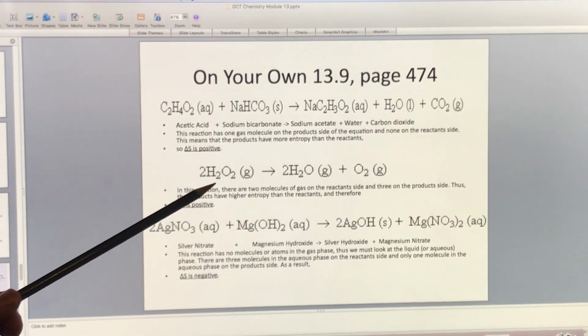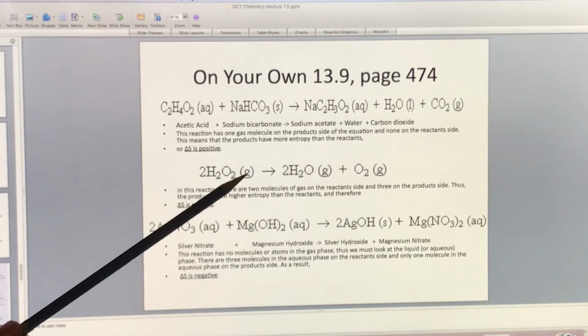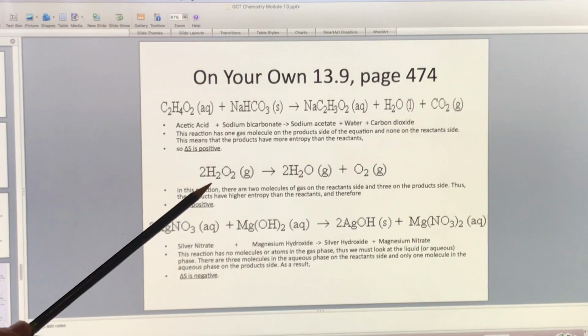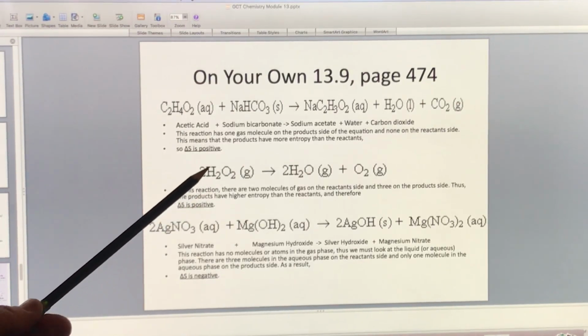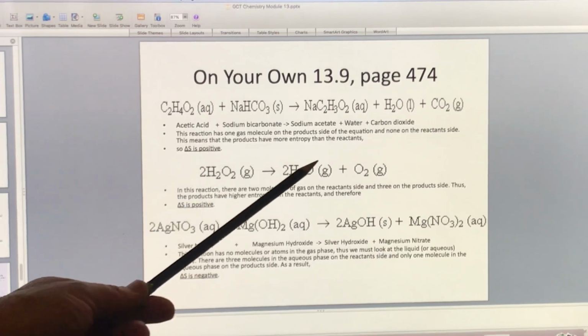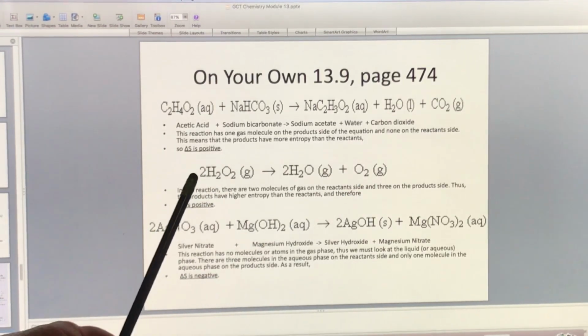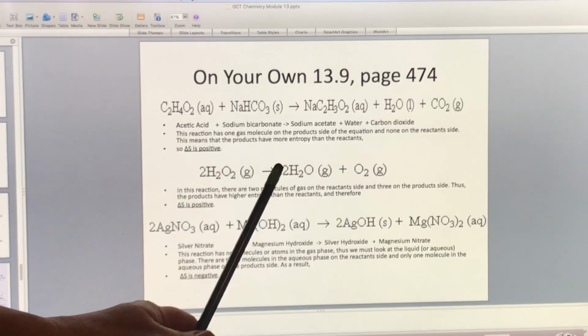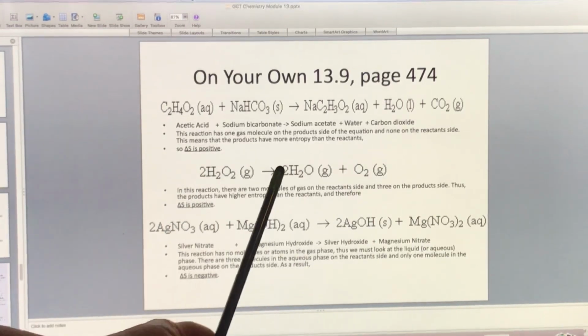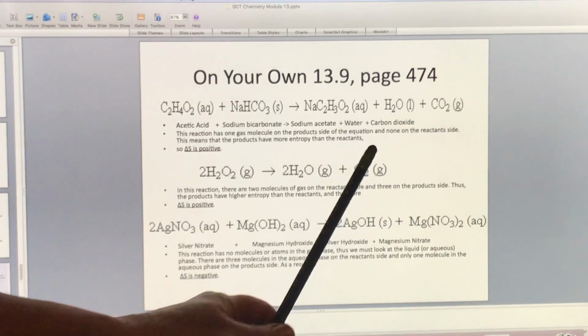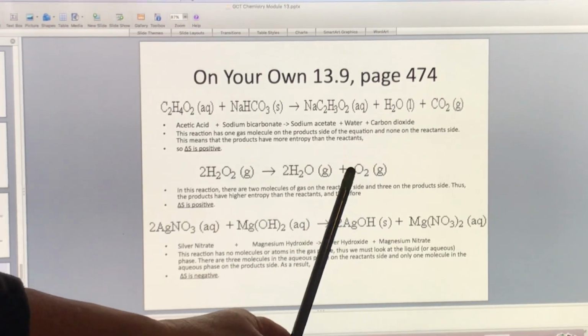Here we have the same reaction that I had on the other slide. It's the decomposition of hydrogen peroxide. So we have all gas molecules, but we have 2 on this side and then 2 plus 1 on this side. So this side is higher because it's a total of 3.